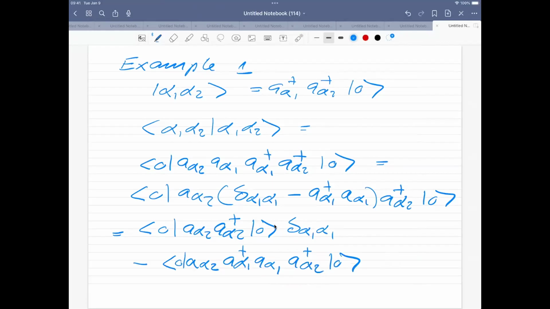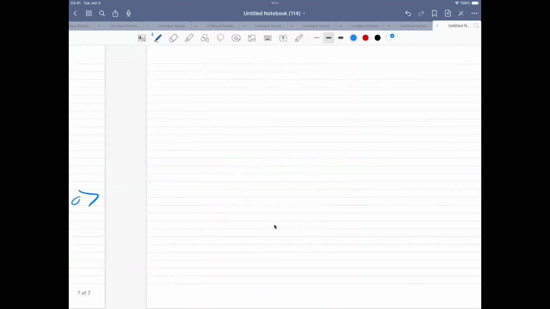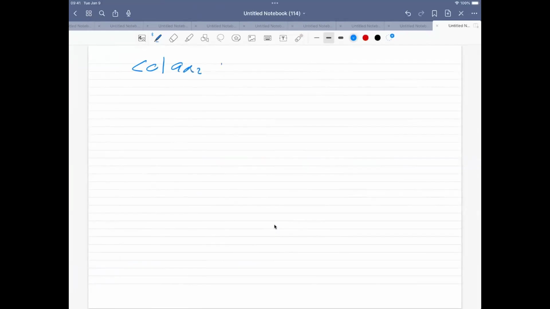So if I do that, then I can rewrite this. So let's just do that. We're going to have the first term. So it's okay if I switch page, okay? So we're going to have one term, which is 0, A alpha 2 here, A alpha 2 dagger, 0, delta alpha 1, alpha 1. And then I have minus.